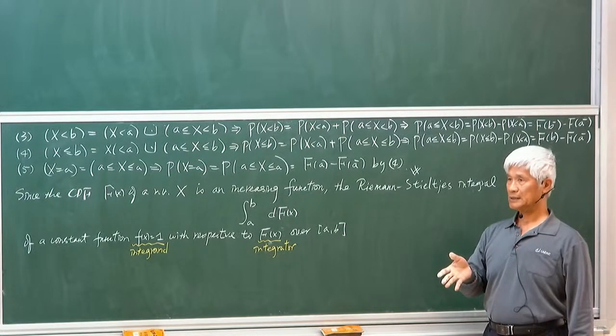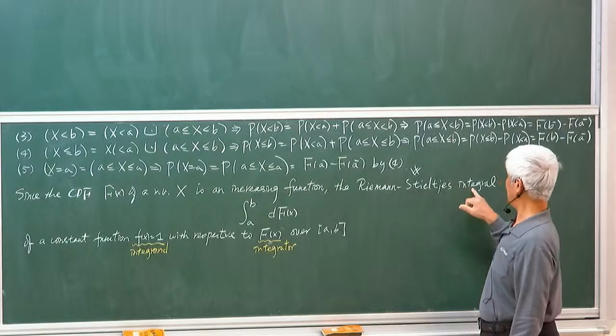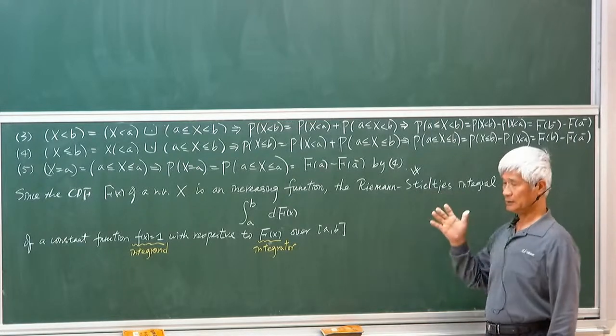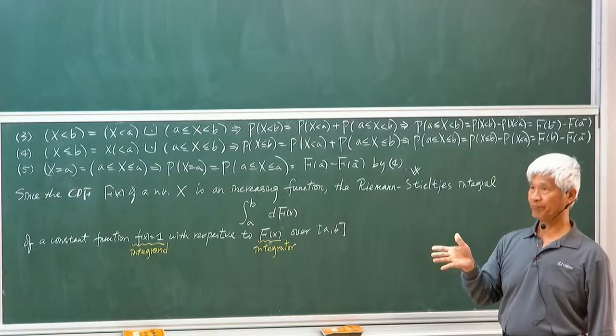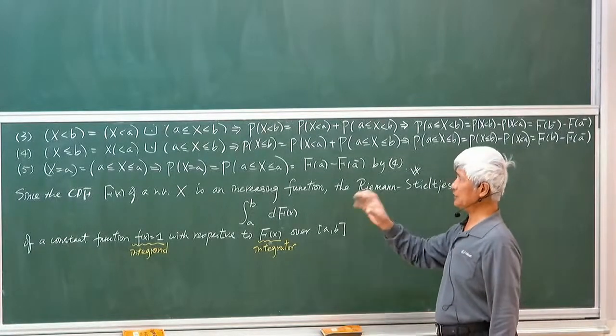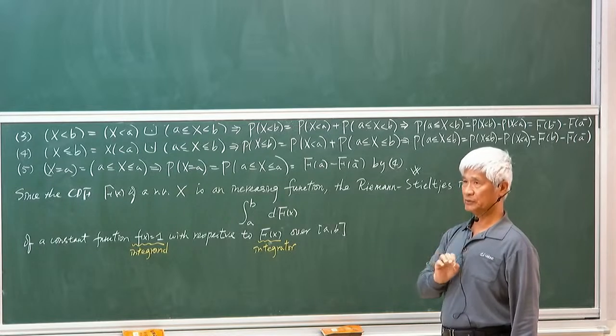Okay. So also we can define the Riemann-Stieltjes integral by the Riemann-Stieltjes sum, just like the Riemann sum. So I will give you a short lecture notes handout for you to read.